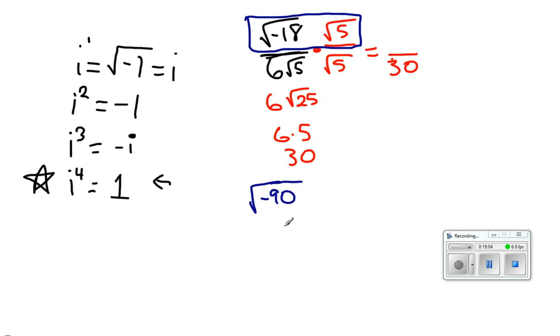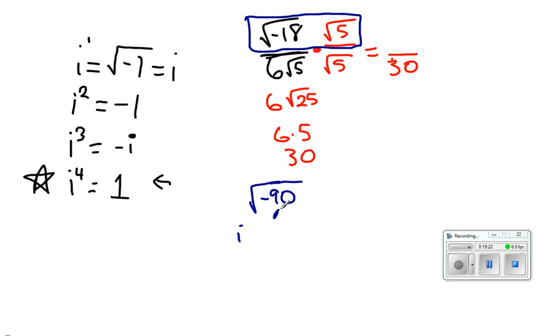So we need to work out what's the square root of negative 90. First we need an i, right? That gets rid of our negative.